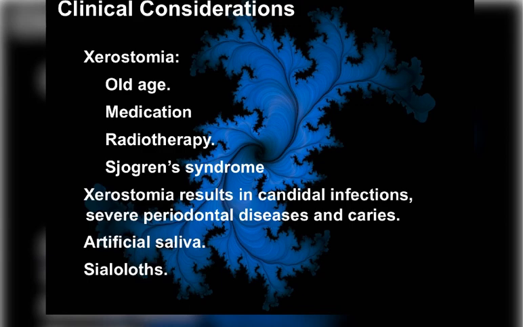Sialolithiasis or sialoliths is the formation of a stone, usually in the main excretory duct of major salivary glands, particularly the parotid duct and the submandibular duct, because these two major salivary glands have one main excretory duct.